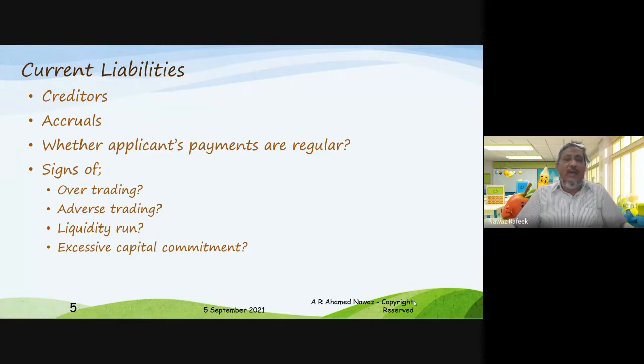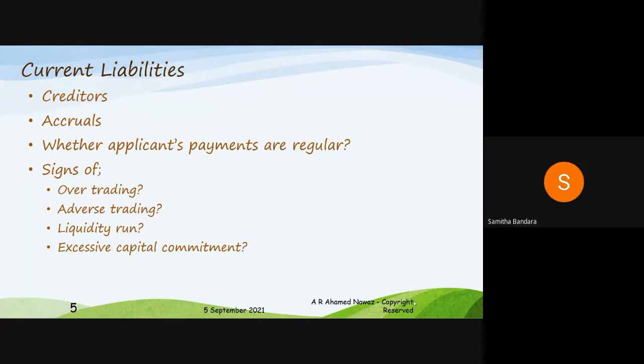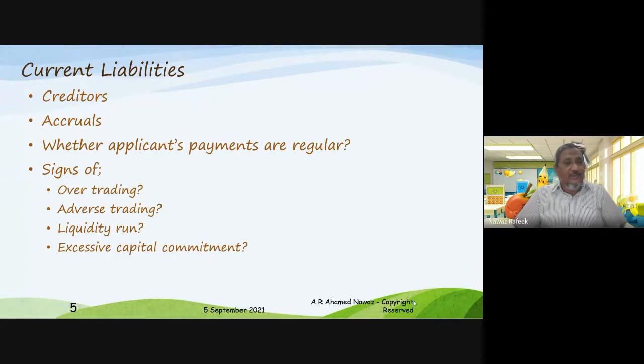But at what cost? When the creditors give credit for a longer period, they will add the financial cost to the pricing. So it will affect the profitability of the business. How well the creditors are serviced, how often they are paid.